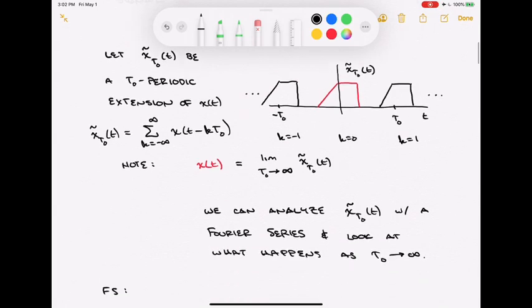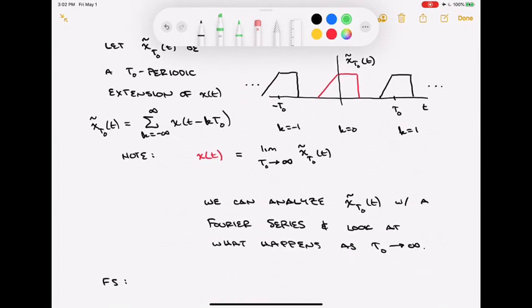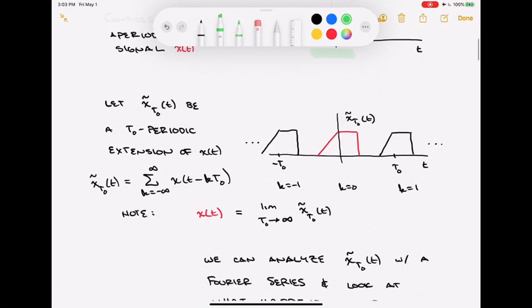A couple things to note on this. One of the things that we can note here is that the original signal x of t, which I've shown in red, is equal to that periodic signal, x tilde sub t naught of t, in the limit as the period goes out to infinity. What is that basically saying? Well, if I take a look at these periodic replications, so there's a replicate, and there's a replicate, and what are we doing? We are forcing those guys way out.